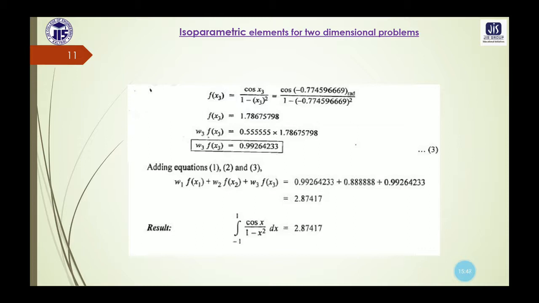So this is the final result for the given numerical with the help of the Gaussian quadrature concept. For verification purpose, we can also find the exact solution of this integration, and we can check if the exact solution is matching with the result obtained through Gaussian quadrature or not.